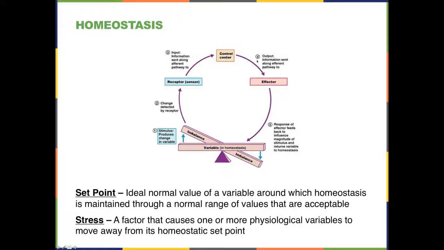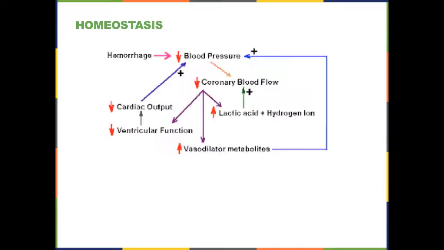And then it begins to put out information to generate heat to an effector, which responds to this and pushes this imbalance back into the set point area. And this is how homeostatic mechanisms work.